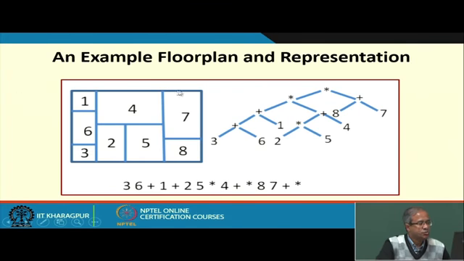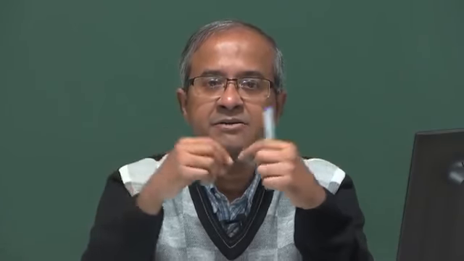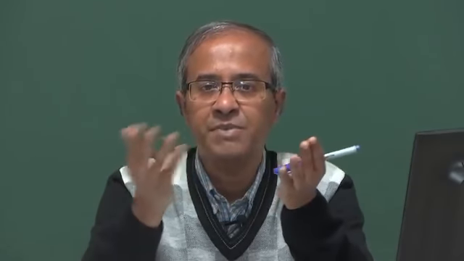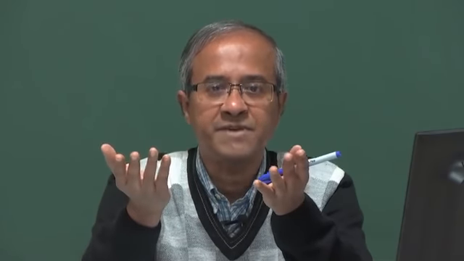So, once I have a floor plan like this, how do I represent it? Because in a typical VLSI circuit, I am talking about a situation where there are thousands and thousands of such blocks, maybe more. So, how to handle them, how to represent them efficiently, so that I can carry out some manipulation, I can arrive at a good or efficient floor plan.